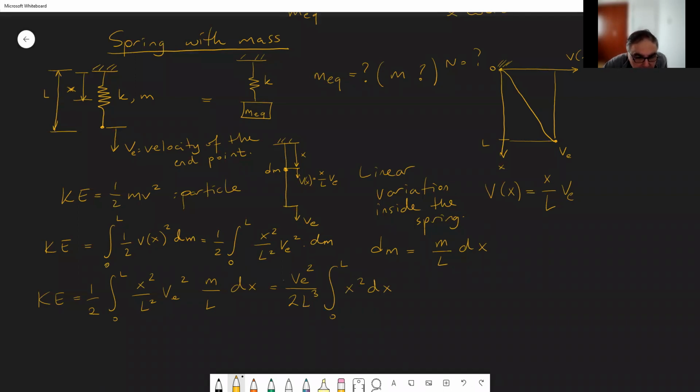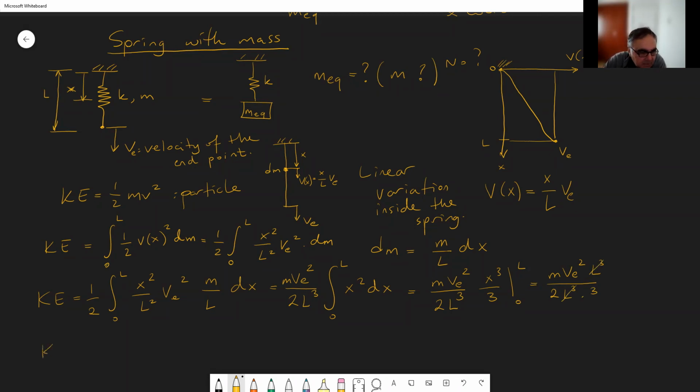There's m here, times x cubed over 3, L cubed cancels.